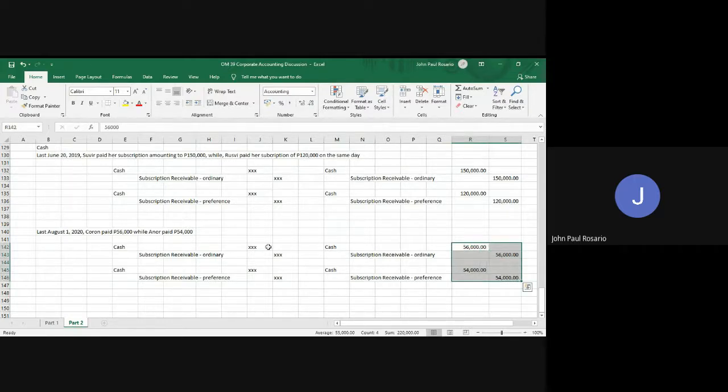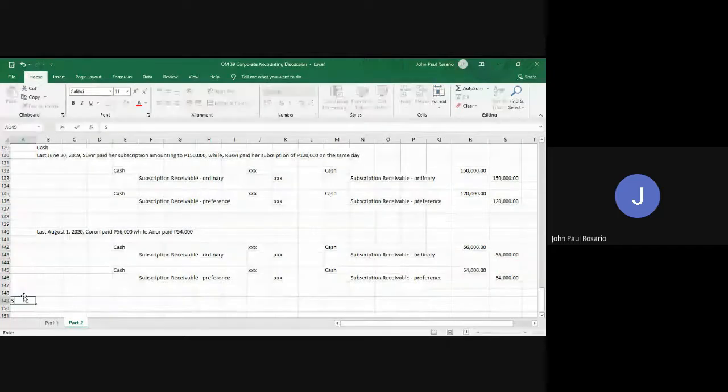So, unsa naman dayon mahitabo sa ato ang journal entry kung ang share issuance.